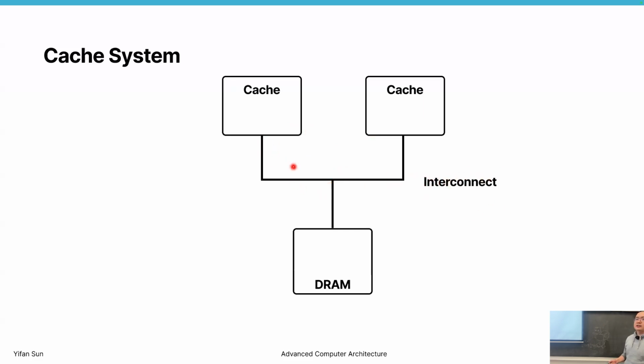For simplicity, for teaching purposes, we only consider one level of cache. These caches are connected to a DRAM, and at the beginning we only consider two caches. You can consider this DRAM or this memory as just another level of cache that is managed in another way. But in reality, if you consider multiple levels of caches, things can be more complex than a single level of cache.